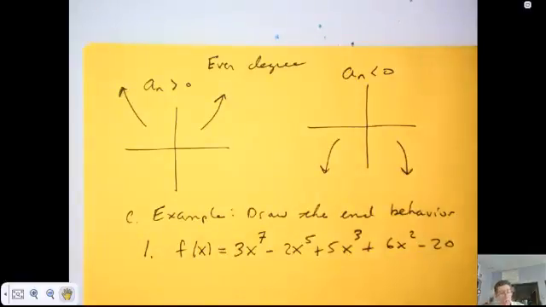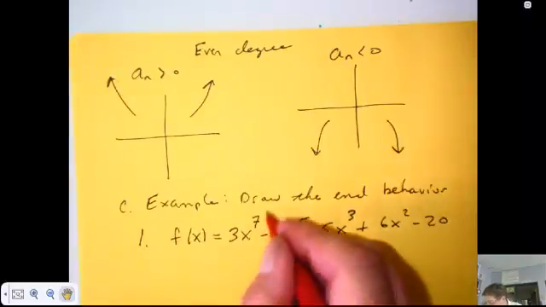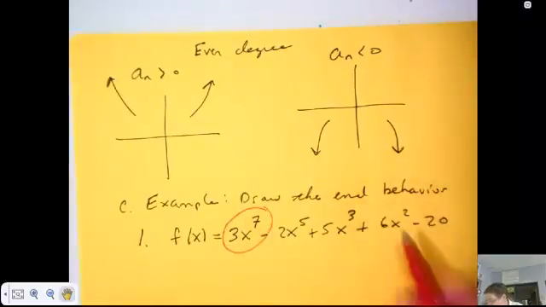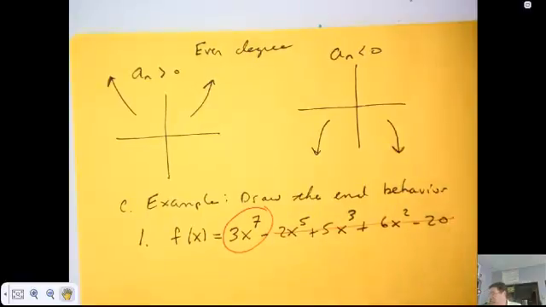So we have this big polynomial, but really the only thing that matters is this leading term. The rest of this really doesn't matter on the end behavior. The end behavior is dictated by this leading term.